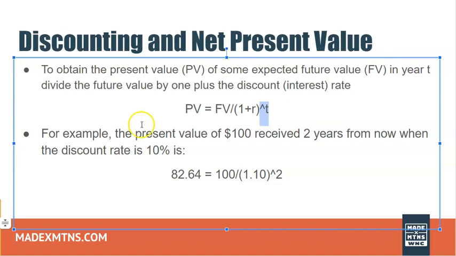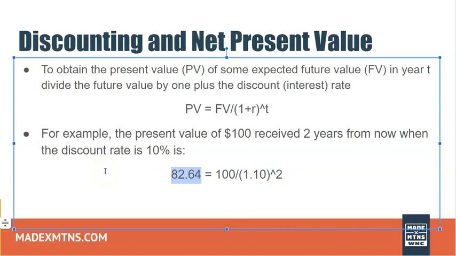Okay, so here's an example. Let's say that someone is going to give us $100 2 years from now. And if the discount rate or the interest rate is 10%, then the present value of that $100 received 2 years from now is about $83. So 100 divided by 1 plus 0.10 raised to the 2nd power, or squared, is equal to 82.